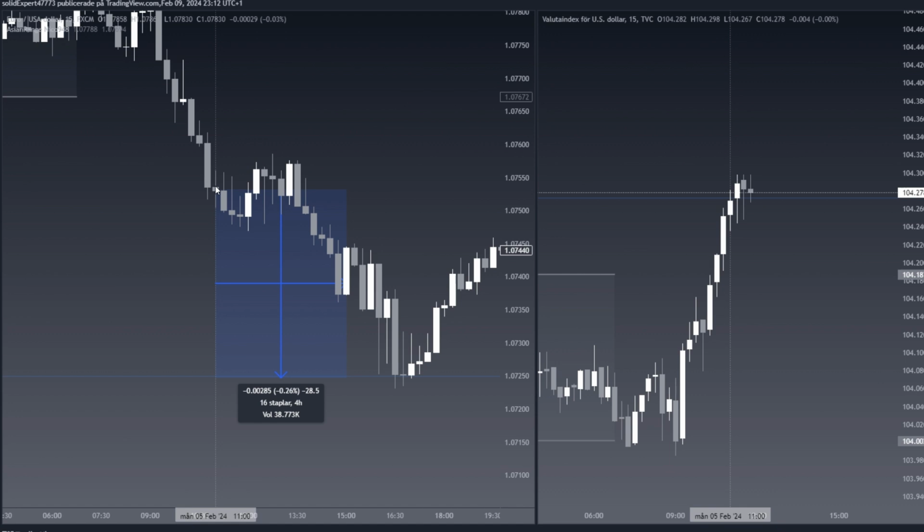Here's the exact same time. We are here. We know the DXY has taken the drawn liquidity. What we can expect from Euro USD is also that it takes the drawn liquidity. We have really high confidence just because the DXY has taken the drawn liquidity before Euro USD. Simply put, you can get a really nice free trade off of it because you know it's correlated and you know Euro USD has to follow the DXY.